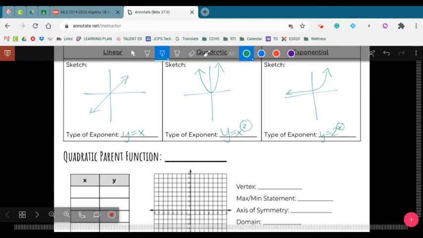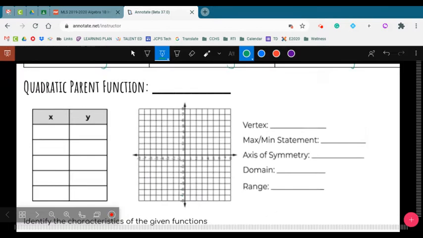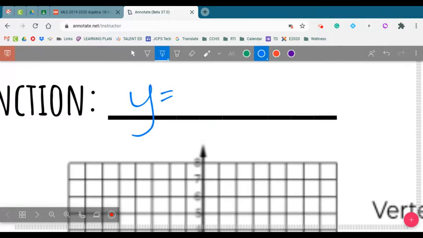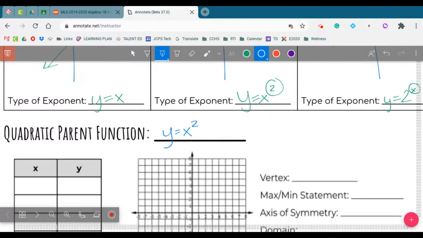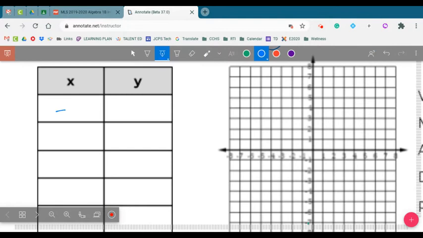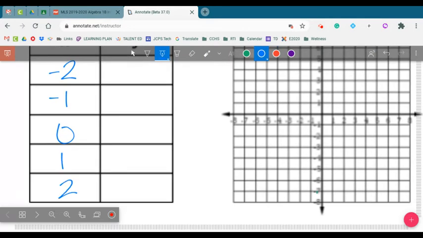So let's review those three. We've gone over those multiple times. Now we're going to talk about our quadratic parent function. Like we said in the beginning, our parent function is y equals x squared. In graphing this, we're going to enter our table. Our x's are -2, -1, 0, 1, and 2.